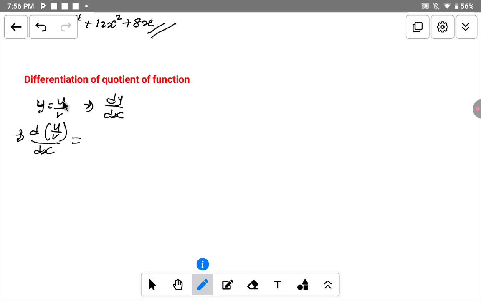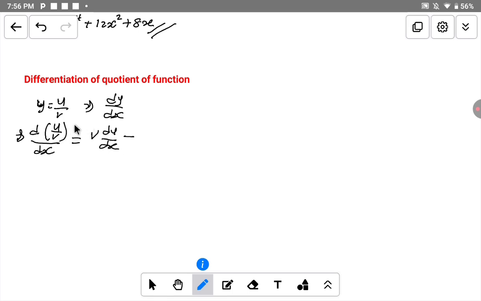First, you leave the denominator v constant and differentiate u with respect to s, so we have v times du over ds.